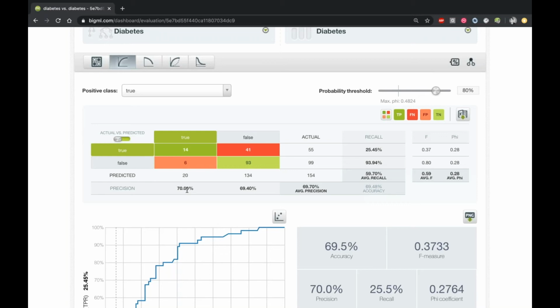If you're interested in this trade-off, you can slide this probability threshold around, and you can see what happens to this confusion matrix, what happens to these precision recall values as you move this around. And that gives you a sense of, okay, maybe the default threshold of 50% is not acceptable, but maybe if I slide this around, I can find a distribution of predictions here that I think is acceptable, that will work in my domain.